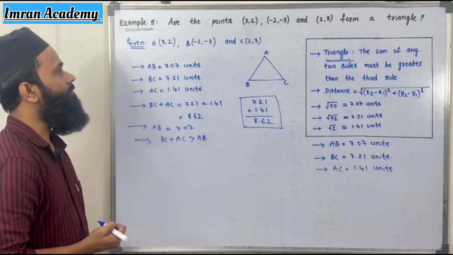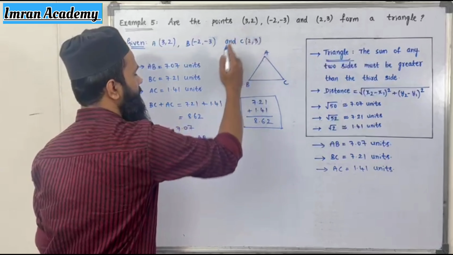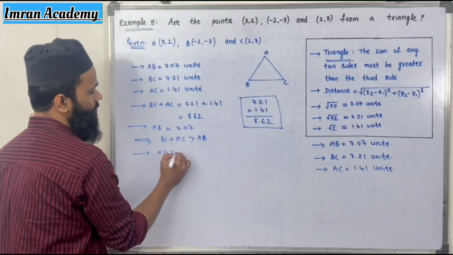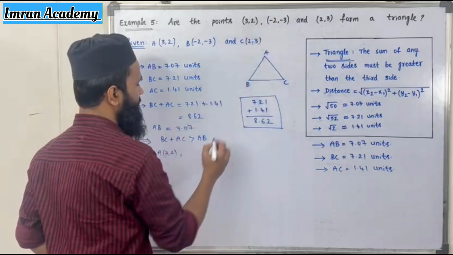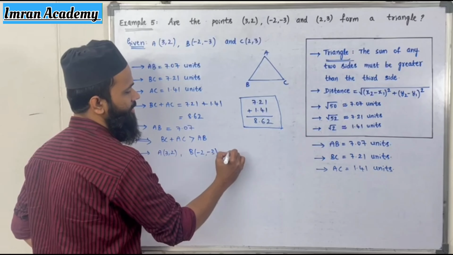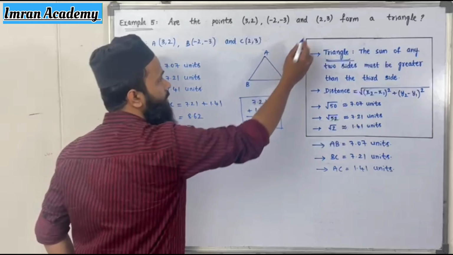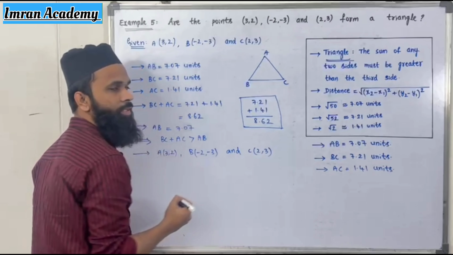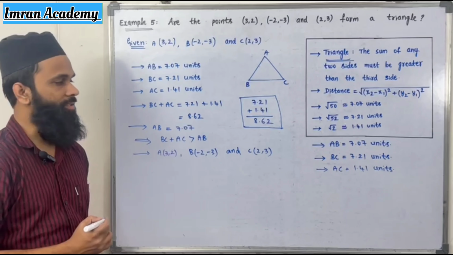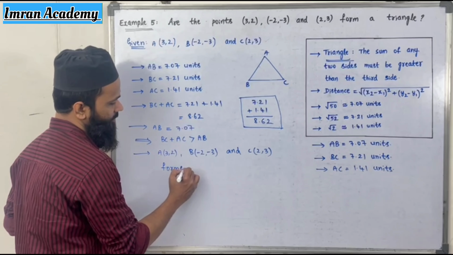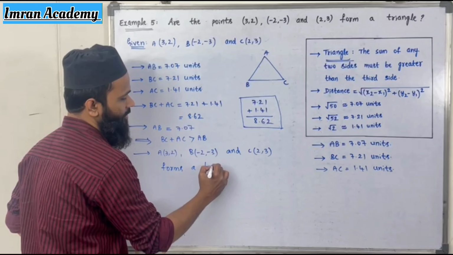Hence, the given points A (3, 2), B (-2, -3) and C (2, 3) form a triangle.